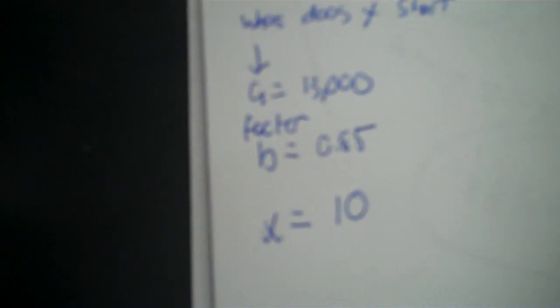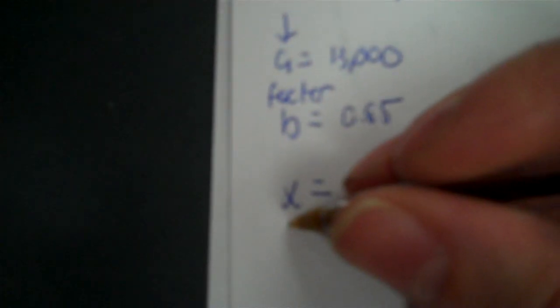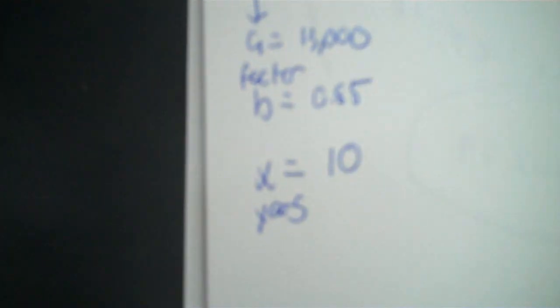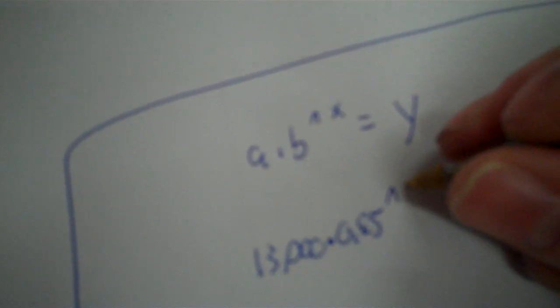B is your factor. Could be a growth or a decay factor. And of course, X is the number of years we have. And the Y is what we're solving for. So A is 13,000, B is 0.85 to the power, and then X is 10.